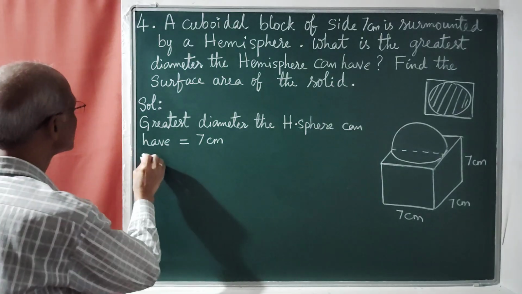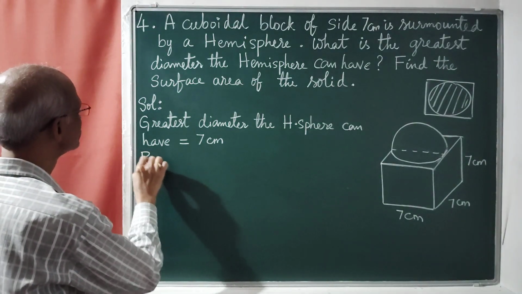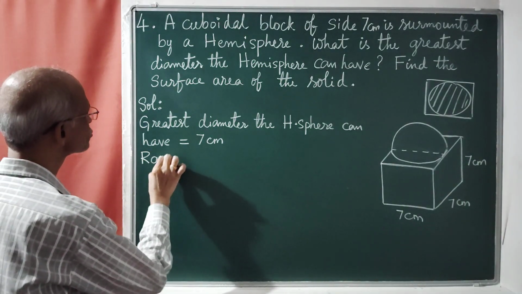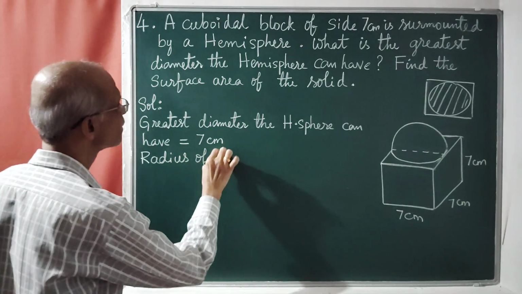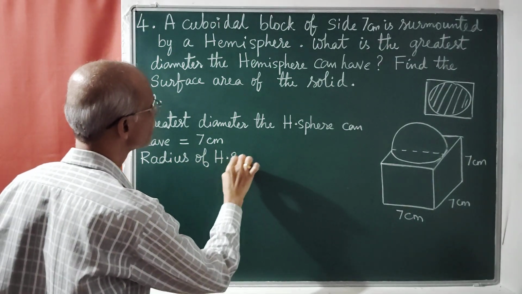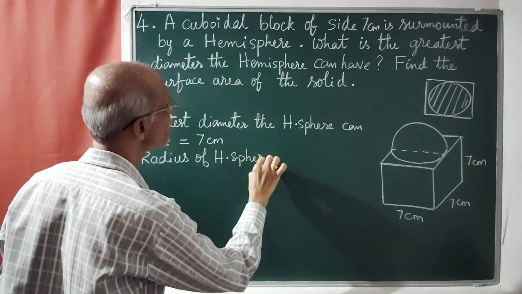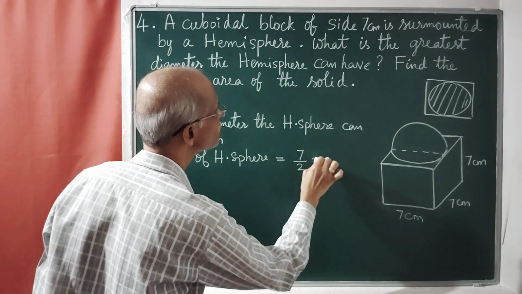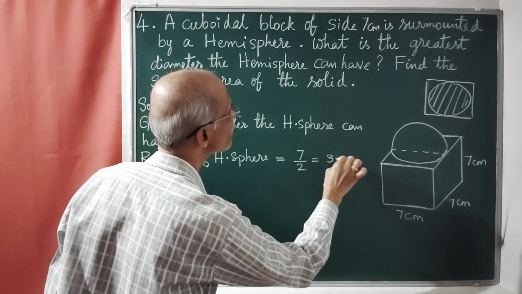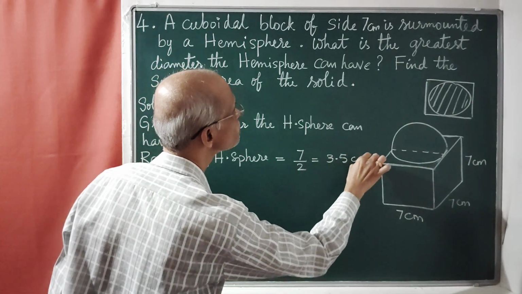Now the radius of hemisphere is equal to 7 by 2, 3.5 centimeters.